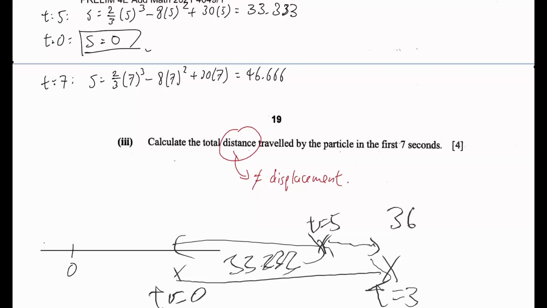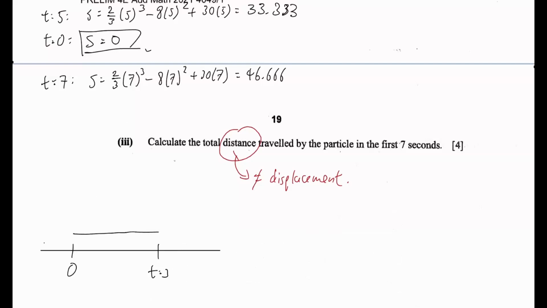Okay, let's just draw the diagram nicely. So t equal to 3, you travel here. Then after that, you turn, t equal to 5, you go somewhere here.